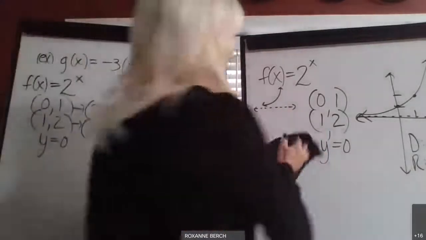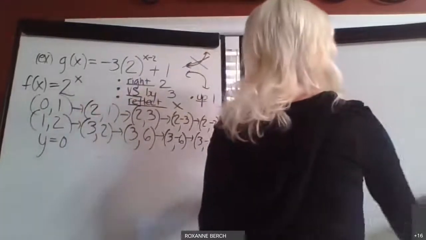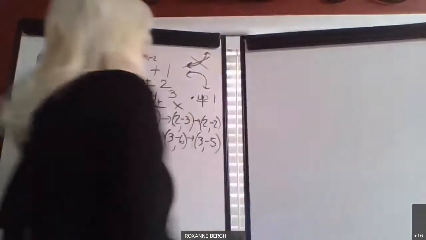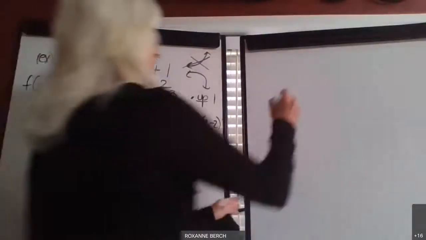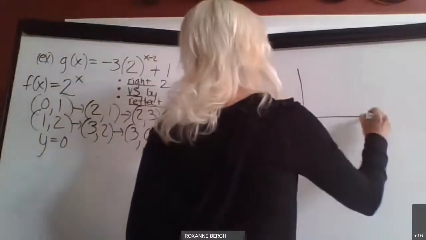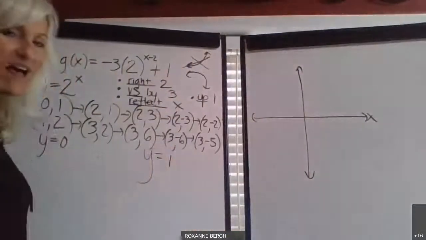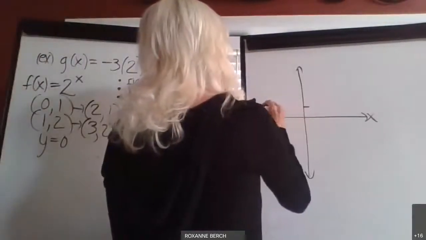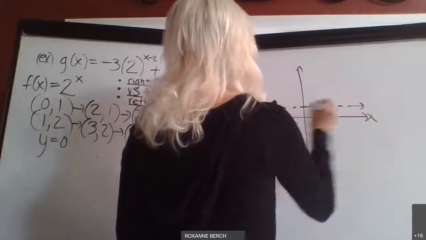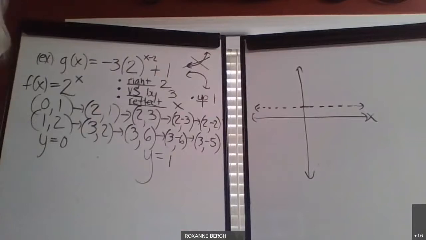It's going to move K. So who is our new asymptote? Y equals 1. It's a line. So we're going to draw the line, and make sure you don't draw a line segment. It is a line, so make sure you put arrows on it.